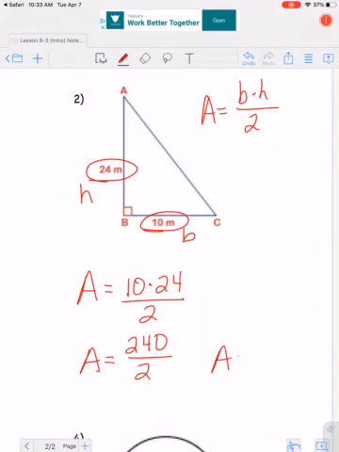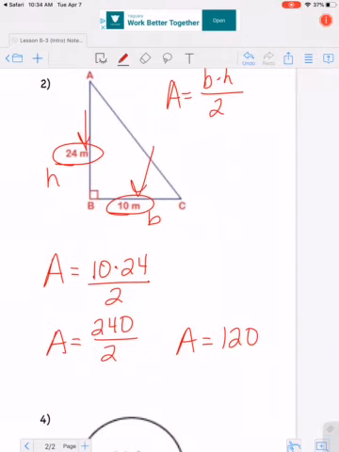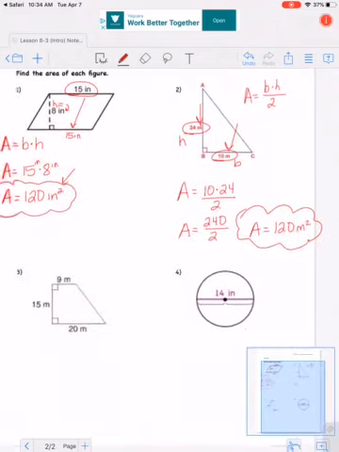That would give us our area of 120. And because we had meters times meters, it would be meters squared. So that's our final answer.